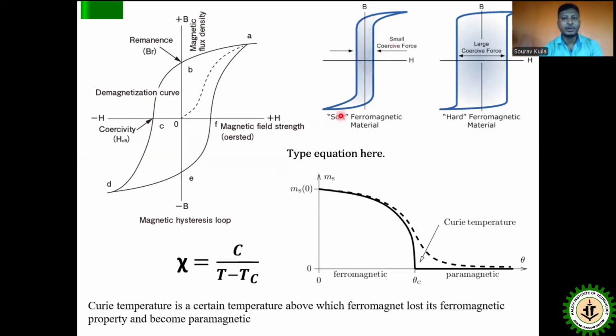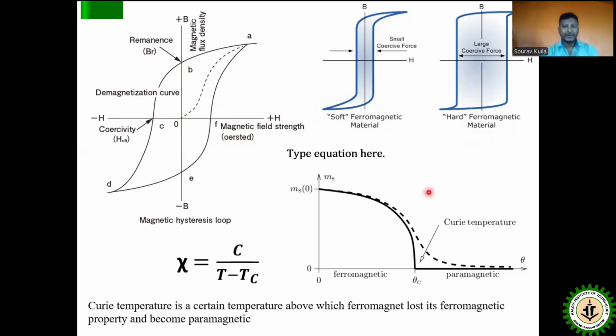This type of material is called soft ferromagnetic material. But in the case of hard ferromagnetic material, you have to apply a very large reverse magnetic field to demagnetize the material. So the hard magnetic material has very robust magnetization, and in soft it is not robust. The hysteresis loop area is very large in the case of hard ferromagnetic material, and the hysteresis loop area is very small in soft, you can see.